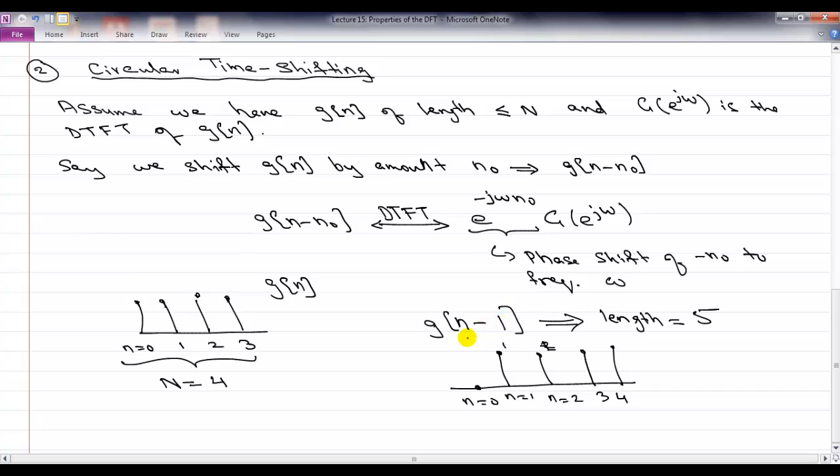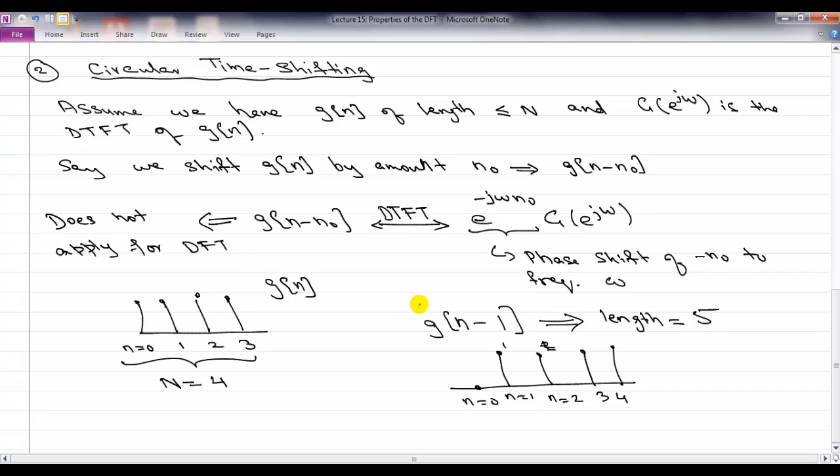Okay, so for this g of n minus 1, you can't really talk about a 4-point DFT because it is now a length 5 sequence. Okay. So this means that the property that we talked about here does not apply for DFT. Okay.